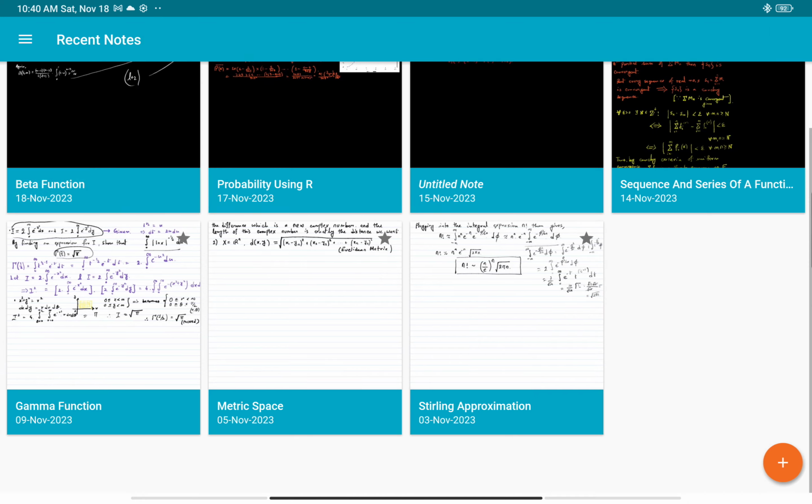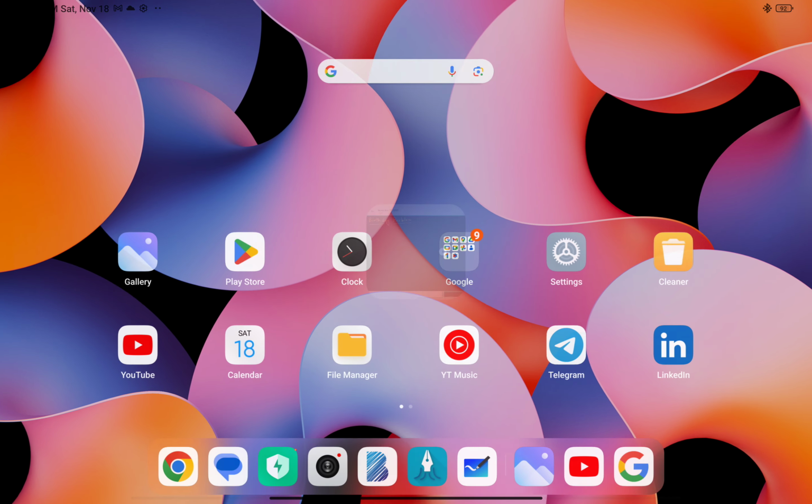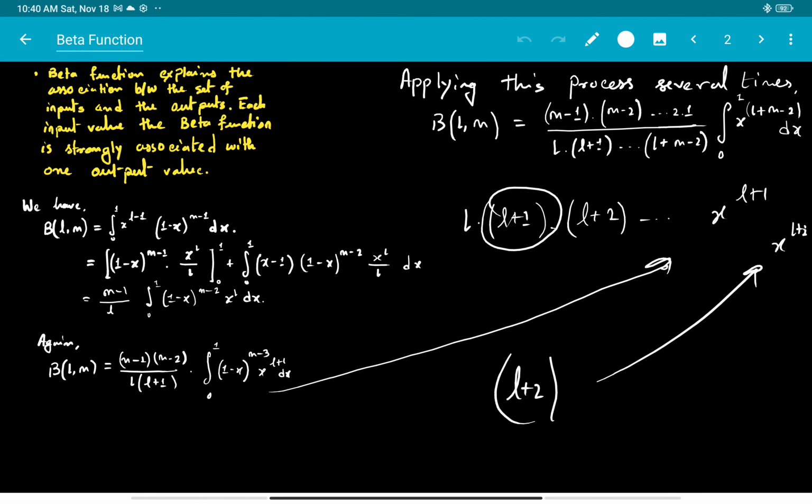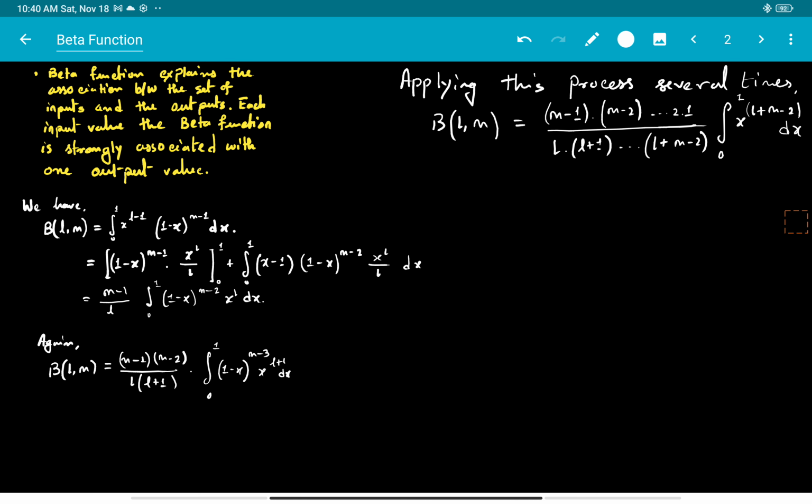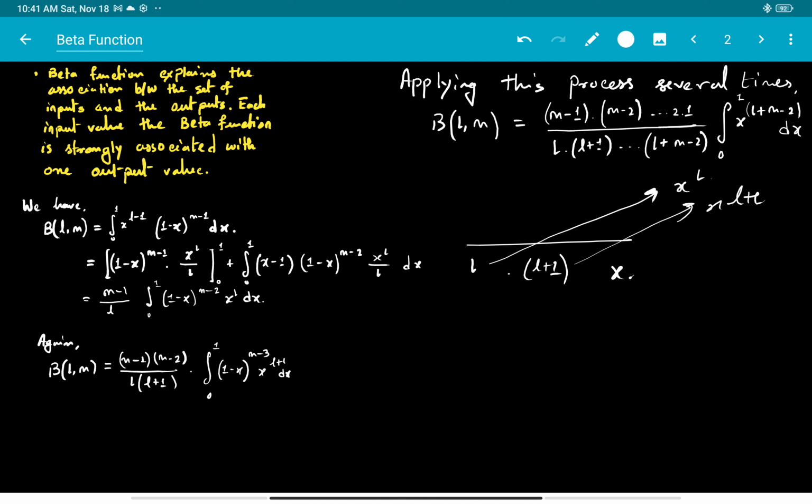Okay, so in the denominator case, for L it will be x to the power L left, for L plus 1 it will be left with x to the power L plus 1, for L plus 2 it will be left with x to the power L plus 2, and so on.